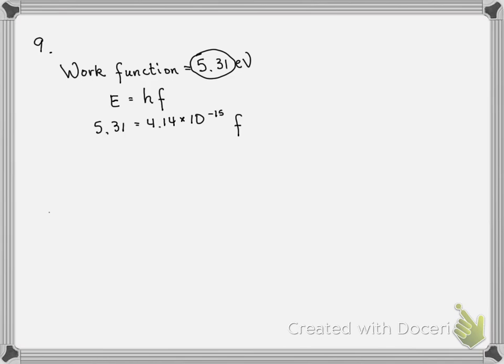Then we can solve for the frequency. That is the lowest frequency of light that will cause all of the electrons to be freed from the metal.